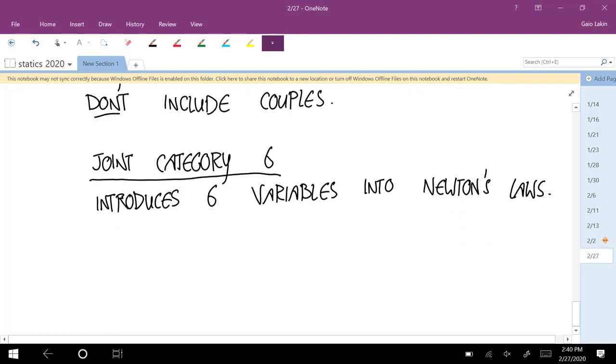And the only joint like this is a fixed joint. Sometimes it's called a weld joint.